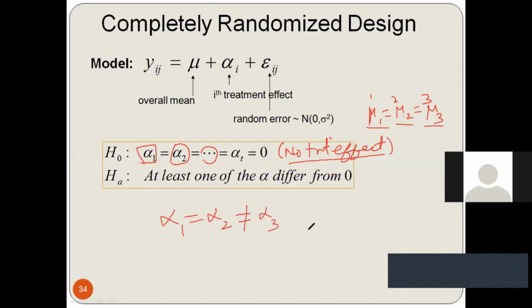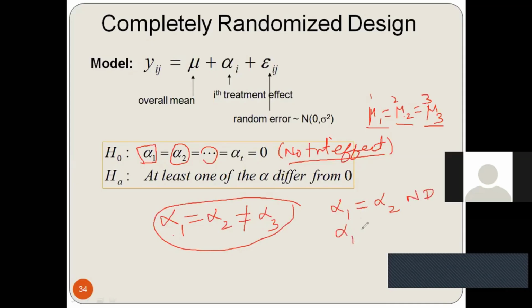Suppose this is not equal. I have only 3 treatments. Let's say this is my outcome. If I compare alpha 1 and 2, is there a difference? No difference.